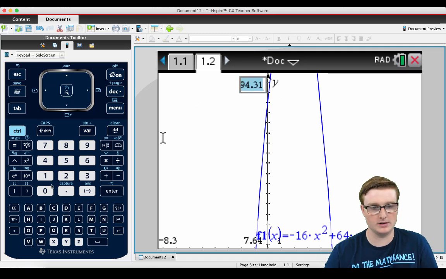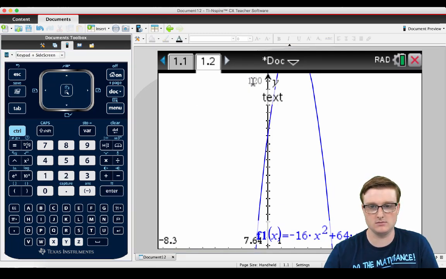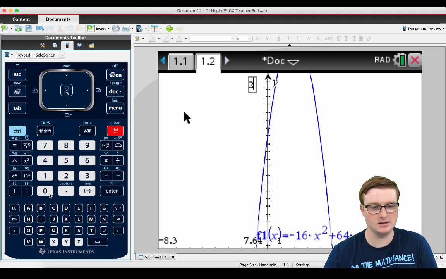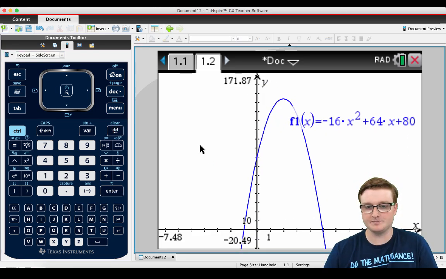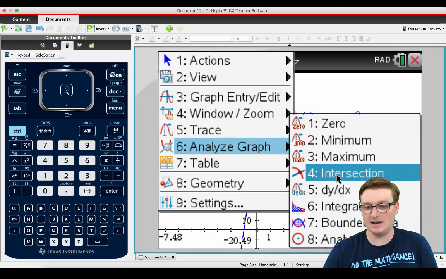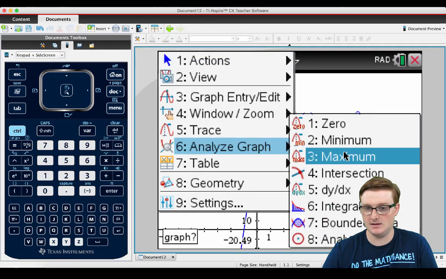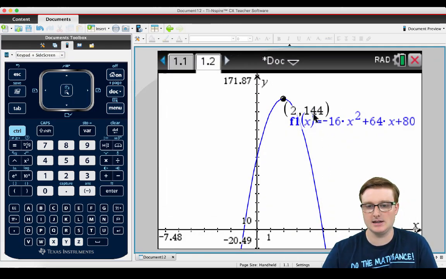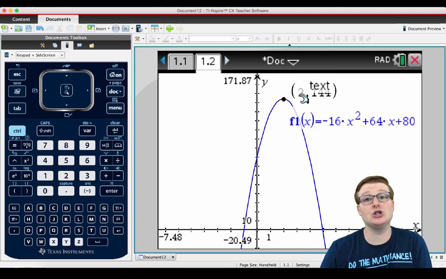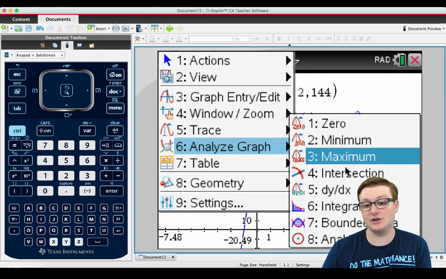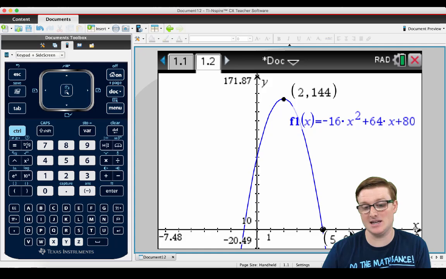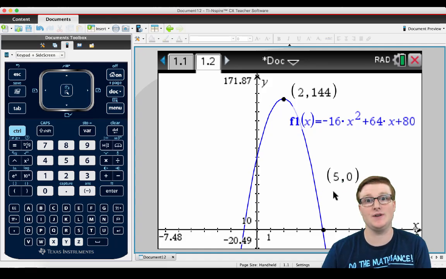Nope, I'm going to go a little bit more. 120? 200? Sorry, I'm just trying to get a window that's nice for us to see. Okay, so this is your height. Menu, analyze graph, maximum. Click, click. This has a maximum height after 2 seconds. And then after 5 seconds down here, look at that. That's 5 seconds. So it's decreasing on the interval from 2 to 5.